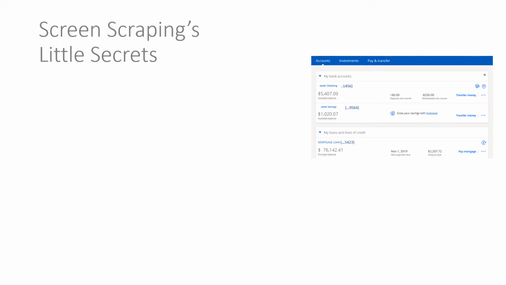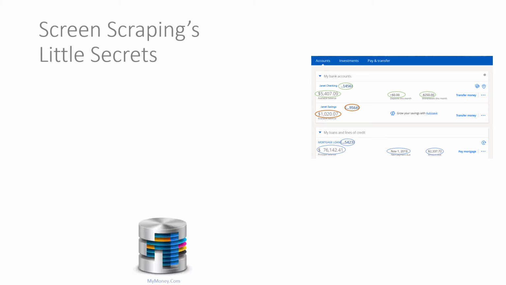Here we have Big Bank's account summary page, and if you look, good golly, Miss Molly, there are lots of little pieces of information here. I see that Janet has a checking account with some withdrawals. She's got a savings account, and oh, goodness gracious, she's got a mortgage. All I need is a couple of pieces of information and I can do some great analytics and sales.